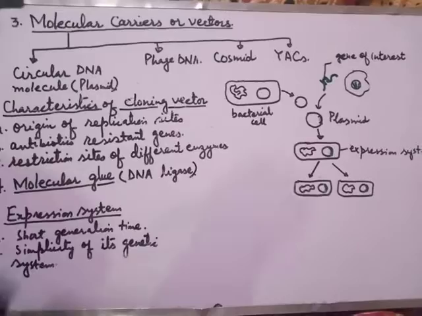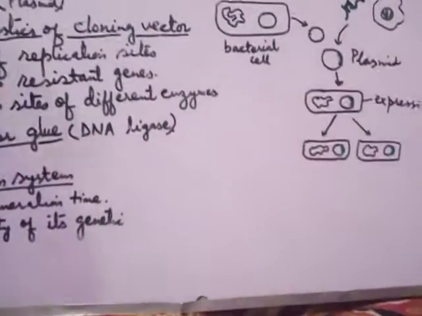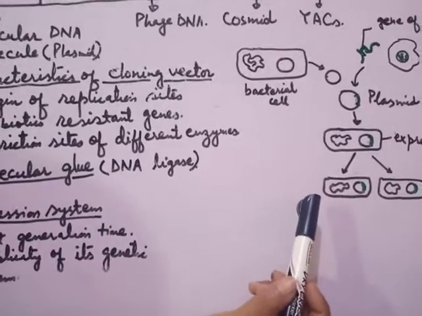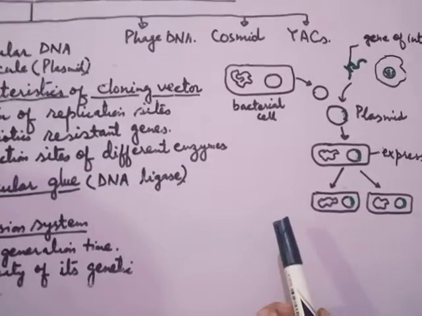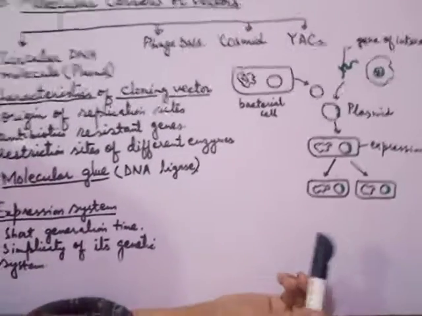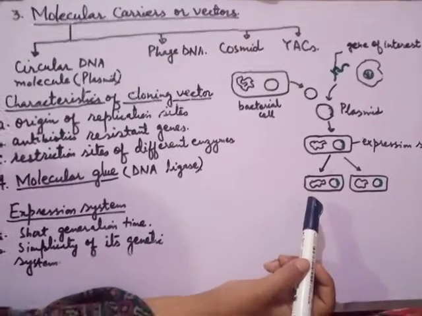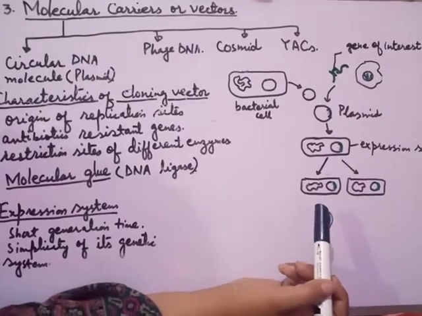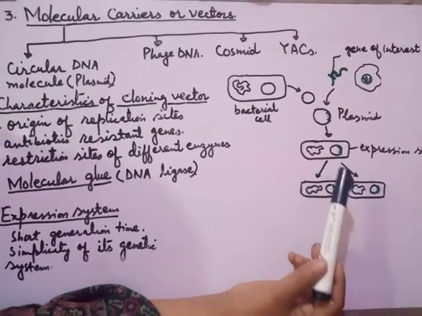Now students, a very important point: how can we isolate or identify our transformed clone? We can identify our transformed clone by adding a particular antibiotic, for which resistance genes are found on the plasmid, into the medium.